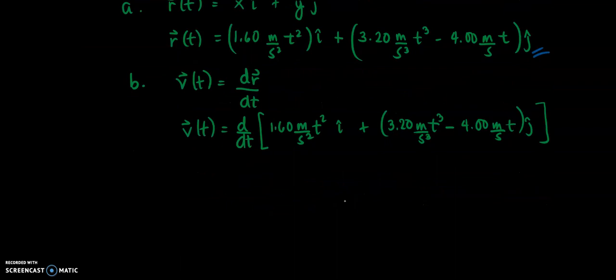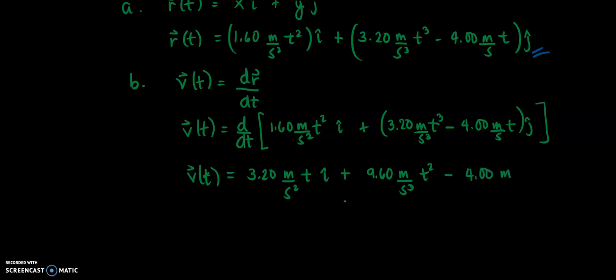Okay, the v of t, or the velocity vector, is equal to the derivative of 1.60 meter per second square t square, which is 3.20 meter per second square t i hat, plus the derivative of 3.20 meter per second cube t cube, which is 9.60 meter per second cube t square, minus the derivative of 4 meter per second t, which is 4 meter per second, j hat.